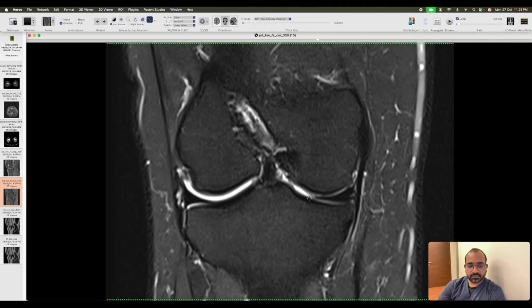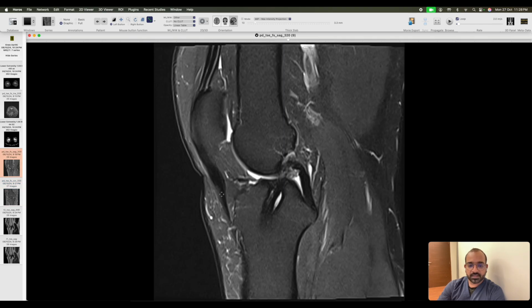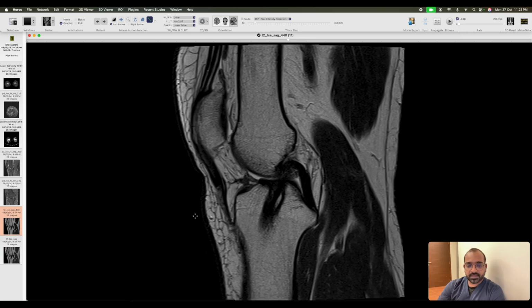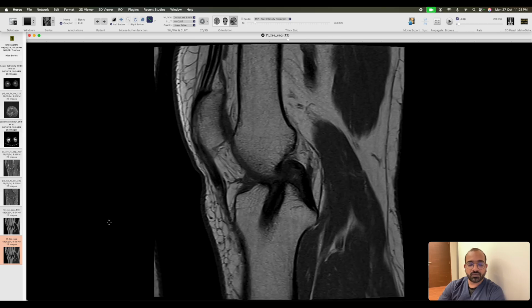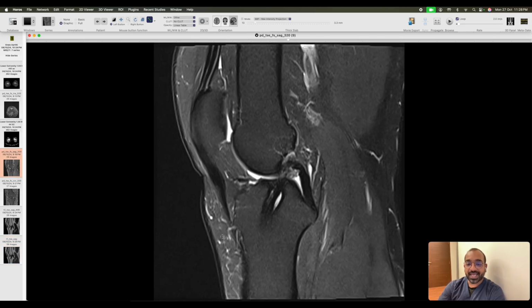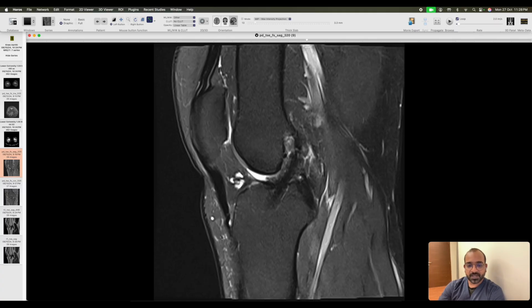What is happening here is there is some bright signal, not within the tendon, but within the tibial tunnel, adjacent to the ligament fibers. On T2 we see that bright signal, and on T1 there is fluid signal intensity. These are early signs of graft ganglion formation, which usually happens in the tibial tunnel.